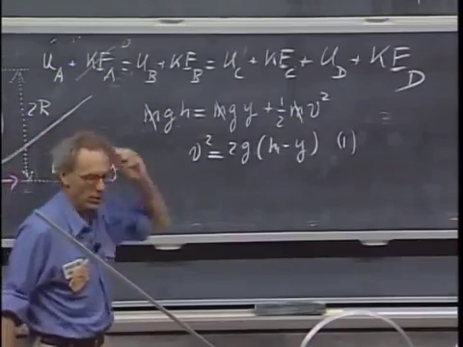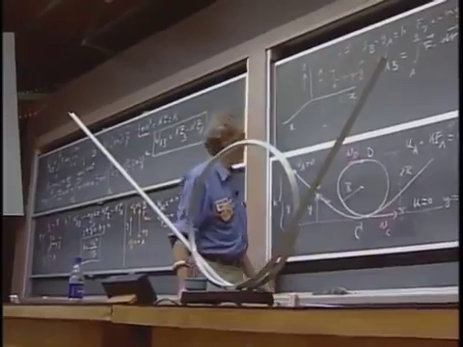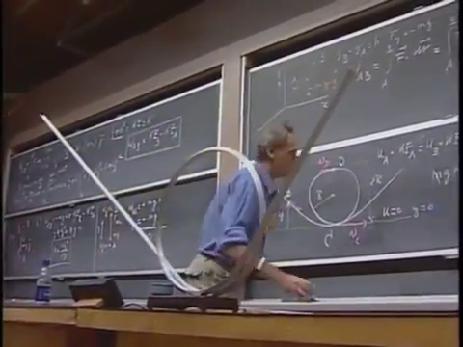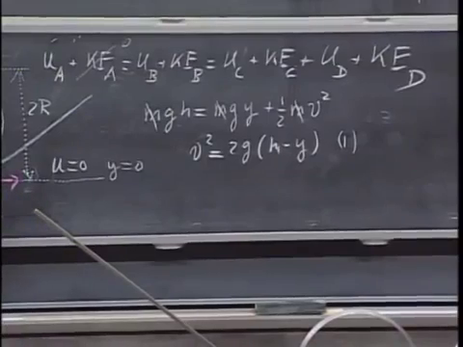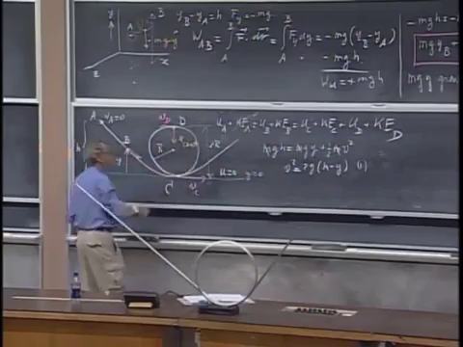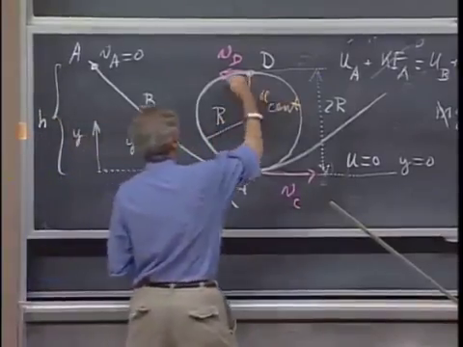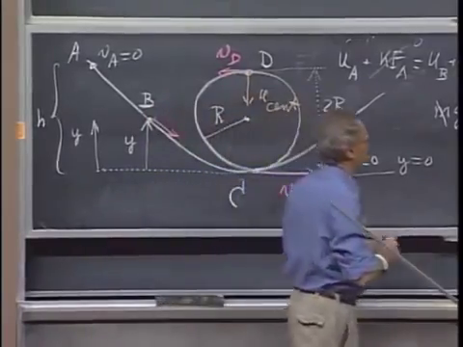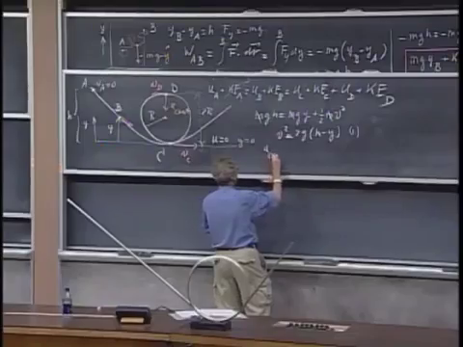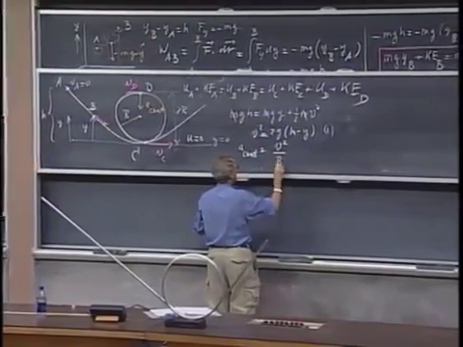However, at point D, there is something very important. There is a requirement that there is a centripetal acceleration, which is in this direction, a centripetal, and that centripetal acceleration is a must for this object to reach that point D. And that centripetal acceleration, as we remember from when we played with the bucket of water, is v squared divided by r.